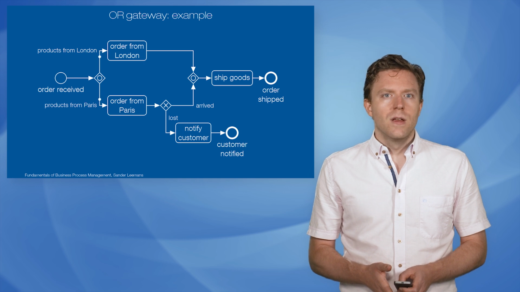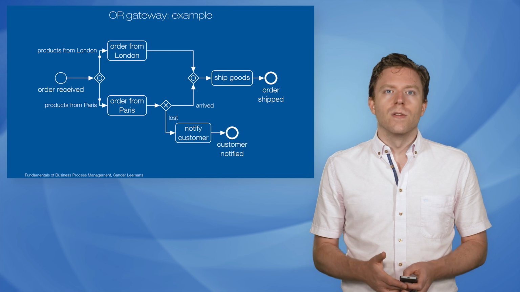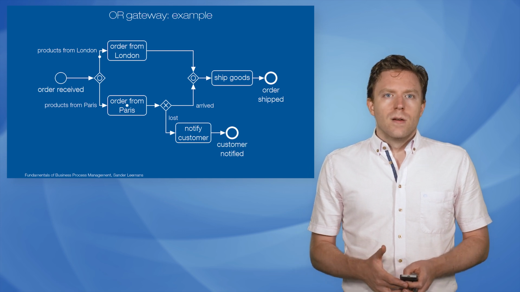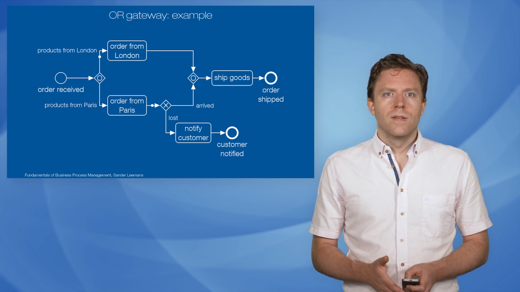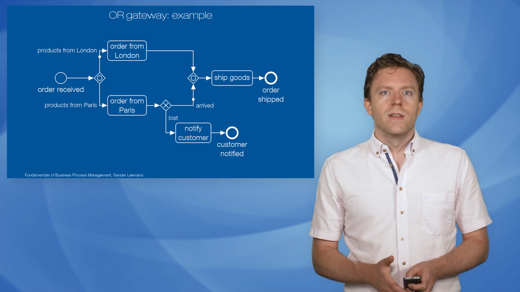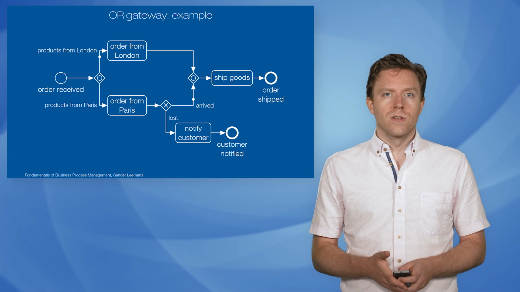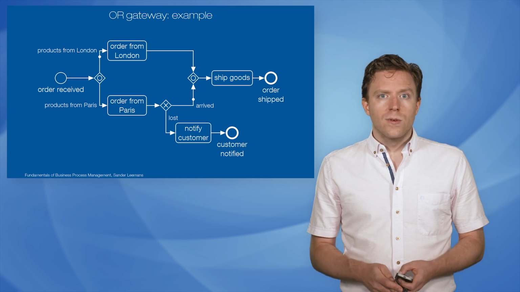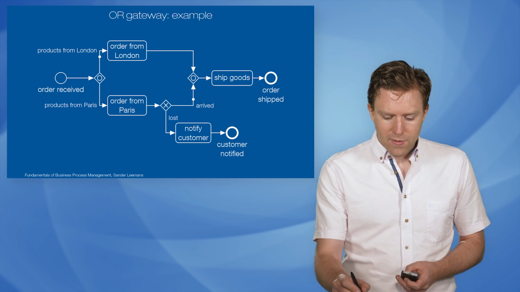In this case, the order contains both products from Paris and from London. Let's first order from Paris, then the token moves on through the XOR split, and let's say that the products arrived. Now the OR join has a token, so it looks back on the other branch.